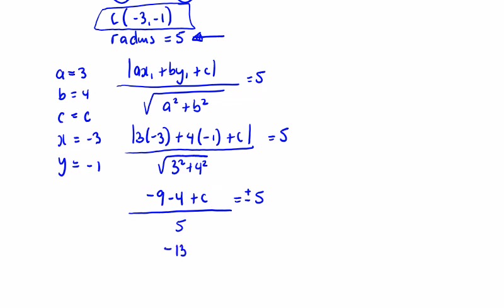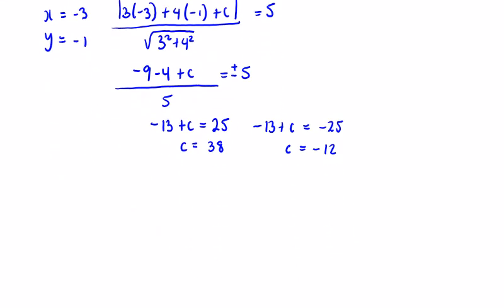So minus 13 plus c is equal to 5 by plus 5, or minus 13 plus c is equal to 5 by minus 5. So c is equal to 38, or c is equal to minus 12. So my two equations become 3x plus 4y for both, and then you just fill your c values in. Plus 38 equals 0, and minus 12 equals 0.